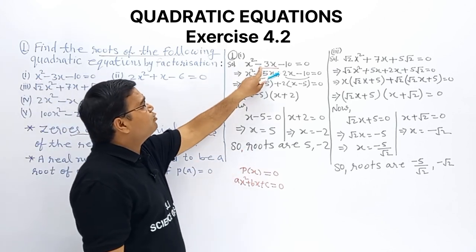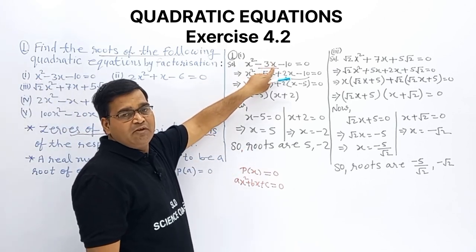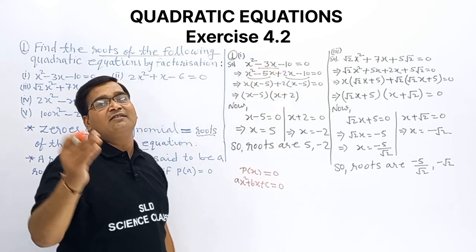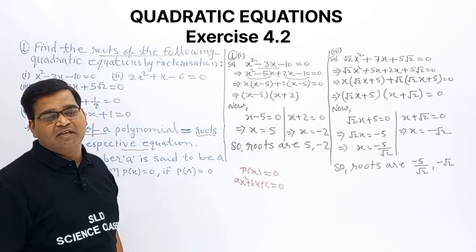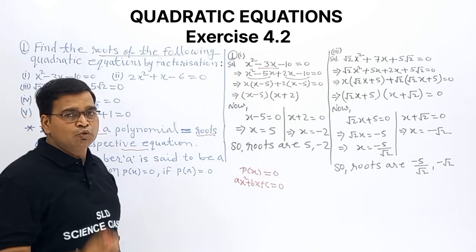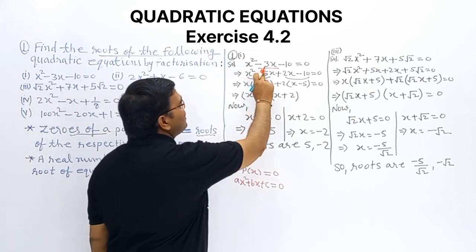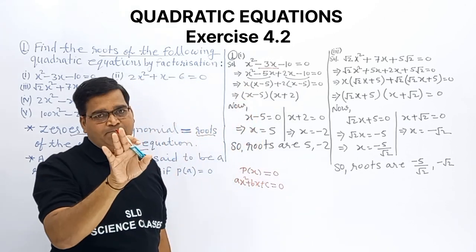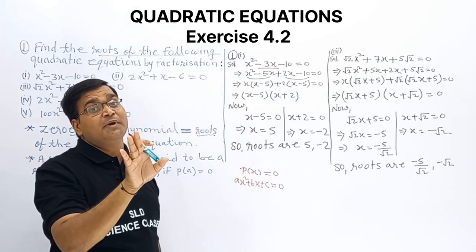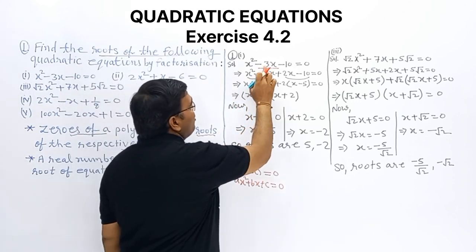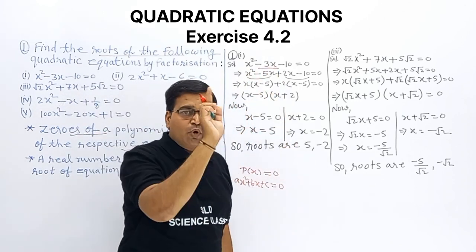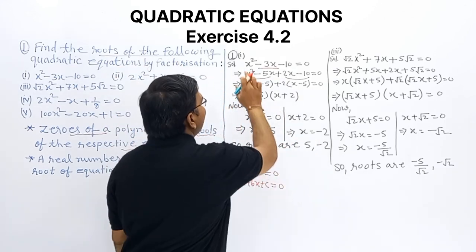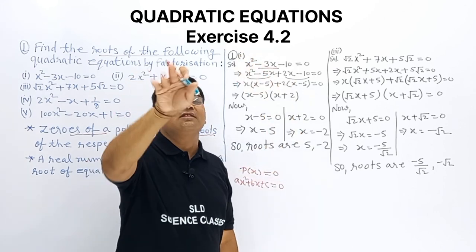We have to split the x term into two parts, and the sum of both parts will be equal to this one, with sign. Sign is also useful. The product of both parts with sign will be the product of the first and last term with sign.